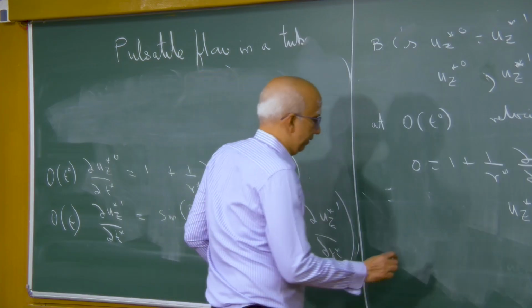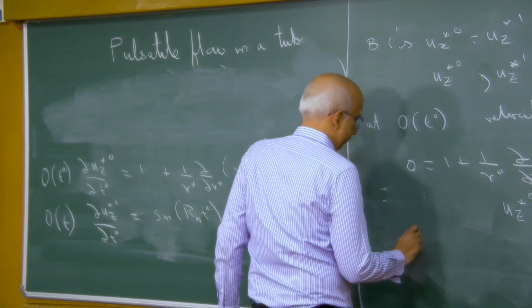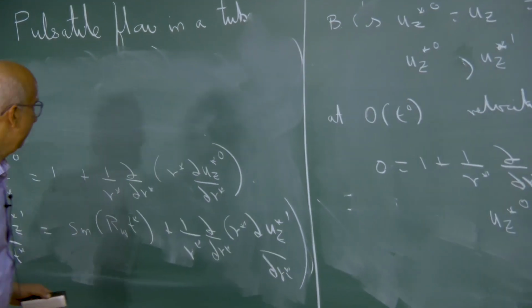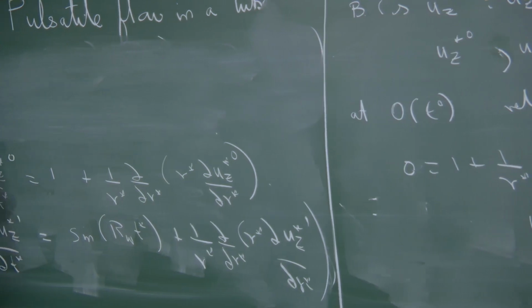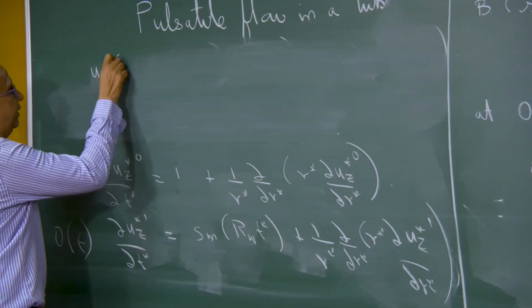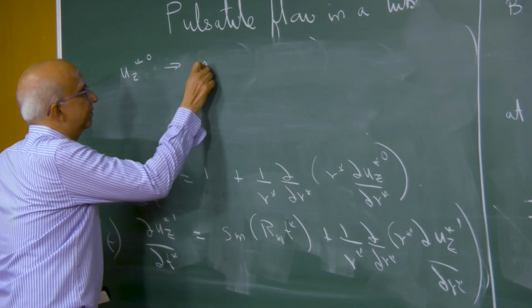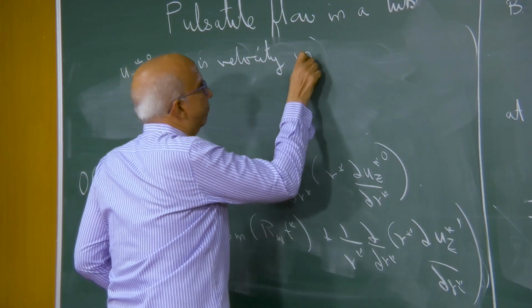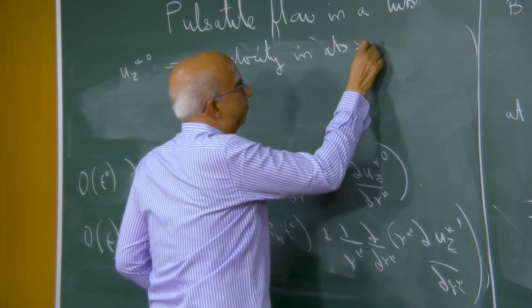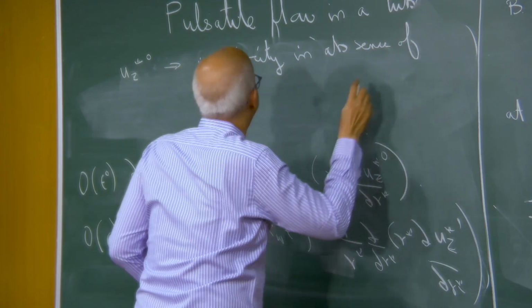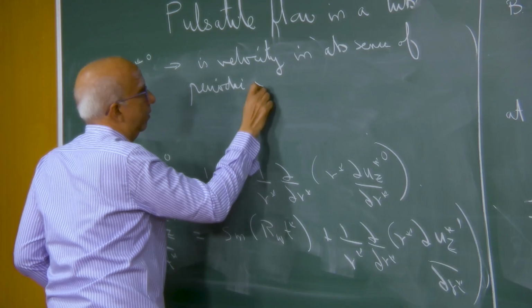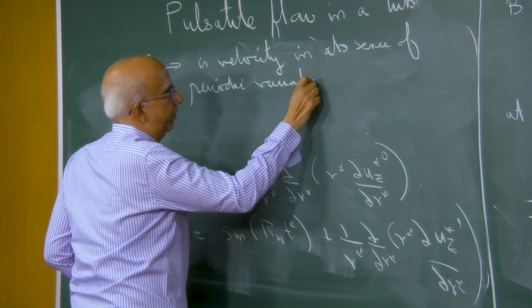So, this is my velocity profile in the absence of any periodic variation, and so u z star 0 is the velocity in the absence of periodic variation.